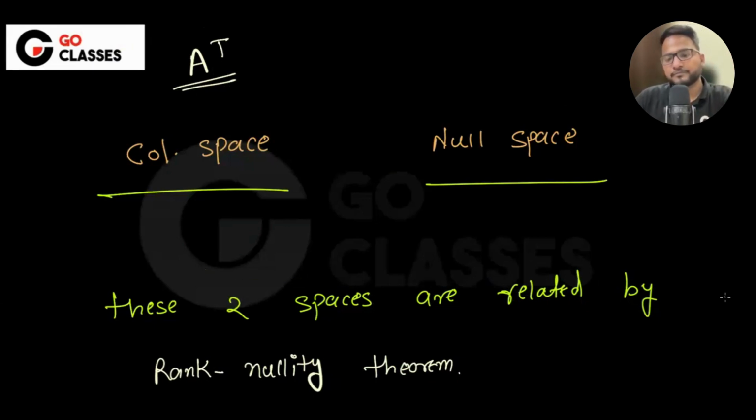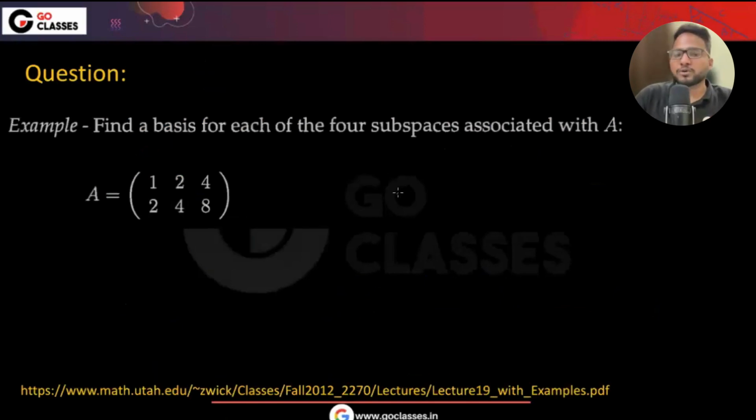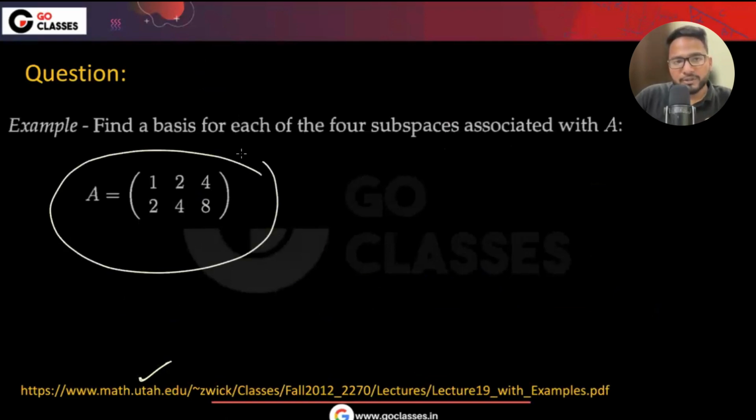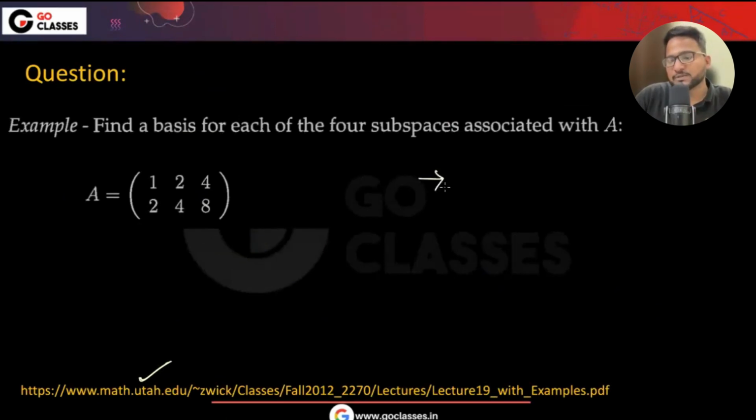Okay, so maybe we can see one question where we can find all of these spaces so that it gets more clear. This question I have taken from the University of Utah. Let's see what they are trying to say. They're saying find the basis for each of the four subspaces associated with A. So what are the subspaces?